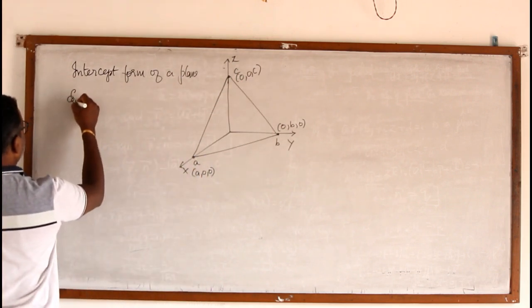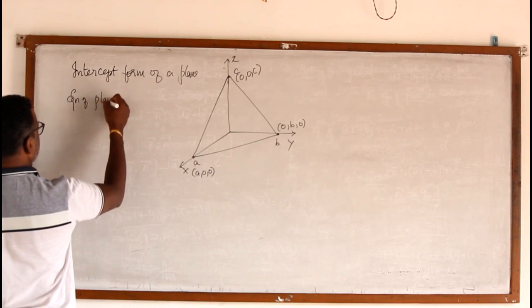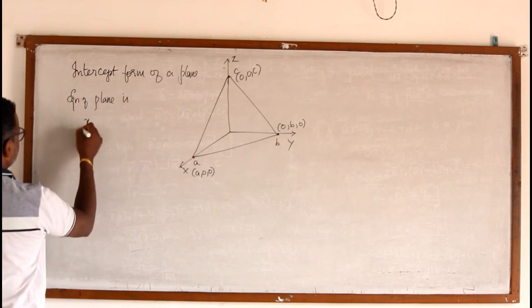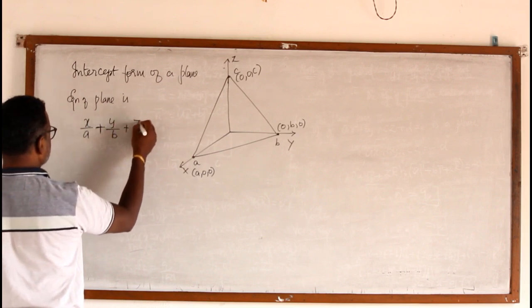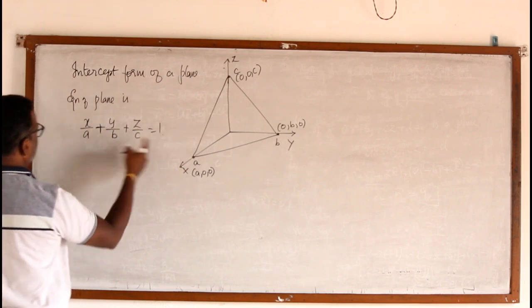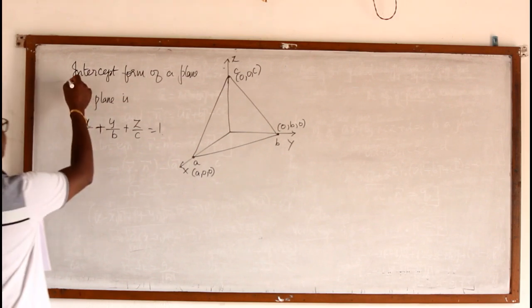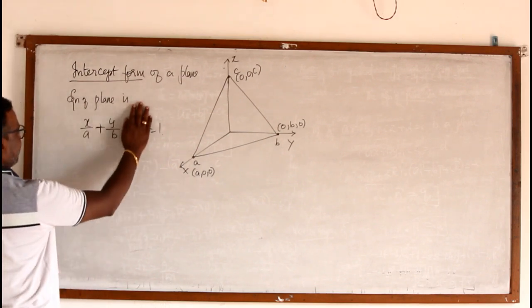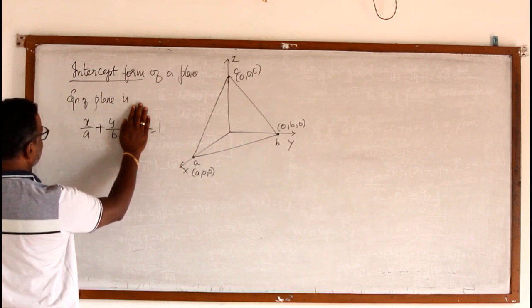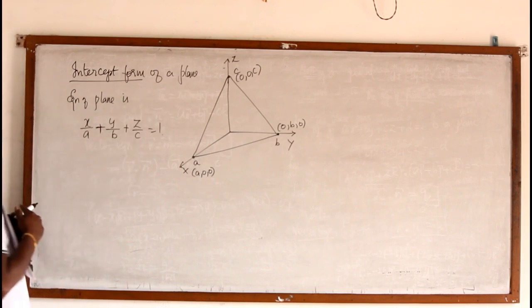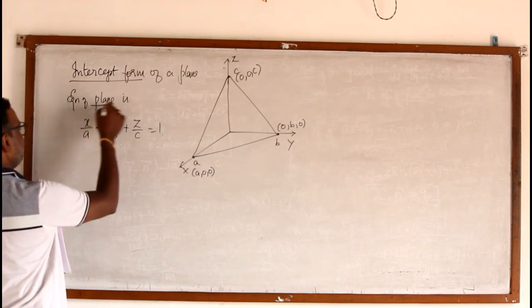Then the equation of the plane is x by A plus y by B plus z by C equal to 1. This format is called the intercept form. Remember in our straight line, x by A plus y by B equal to 1 is called the intercept equation of a straight line in 2D. Here x by A plus y by B plus z by C equal to 1 is the intercept form of the plane.